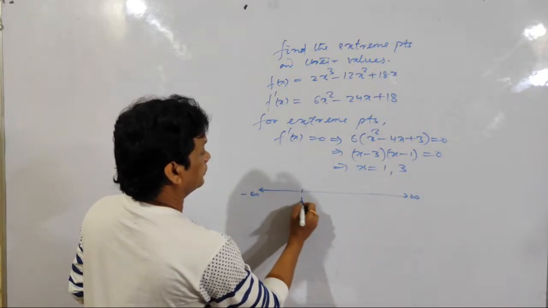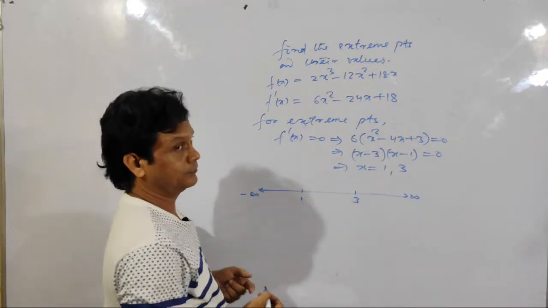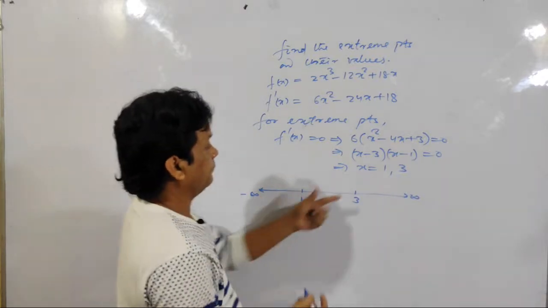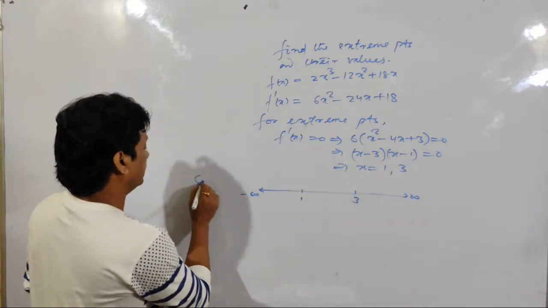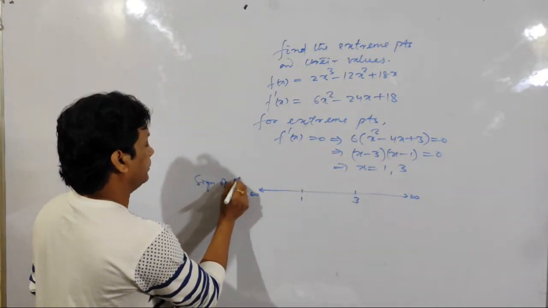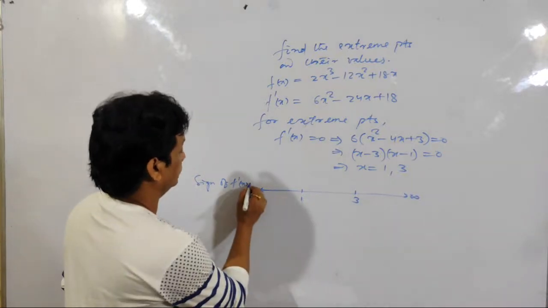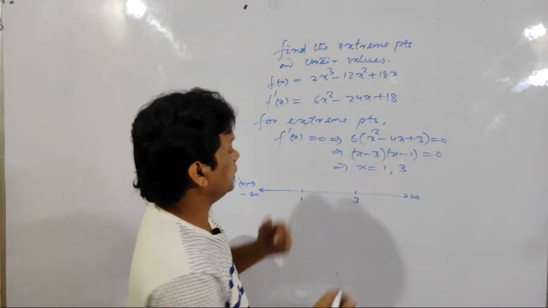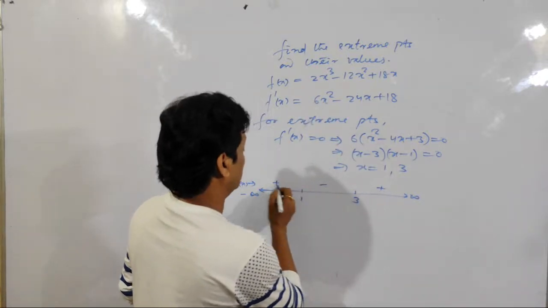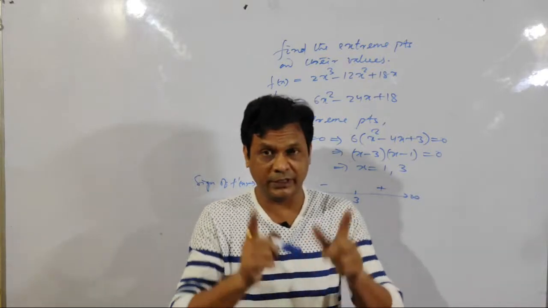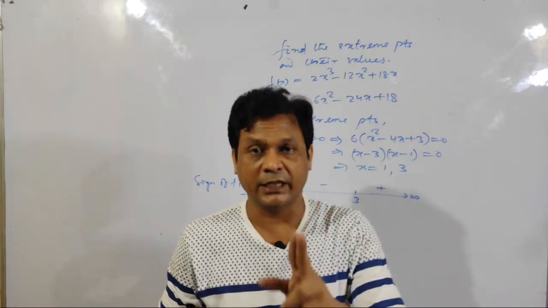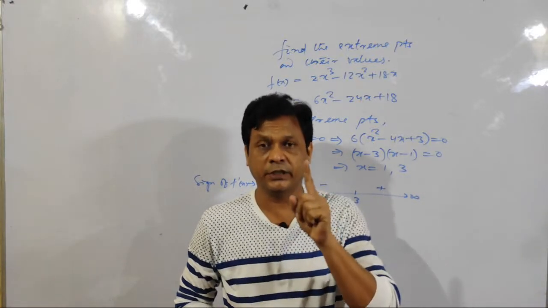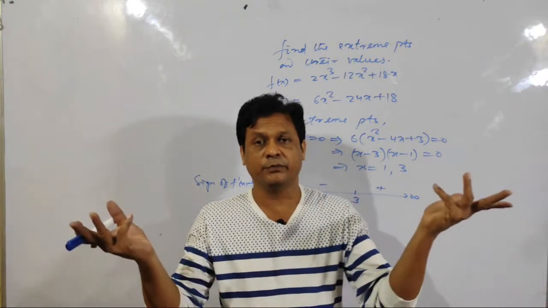1 and 3. Same procedure. Only it will take 1 minute. Then it is the sign of derivative. You should write like this, sign of f dash x. Here the coefficient of x square is positive, so positive, negative, positive. And I have told you, if the sign of the derivative changes from positive to negative, then a maxima will be obtained, and if the sign of the derivative changes from negative to positive, minima will be obtained.